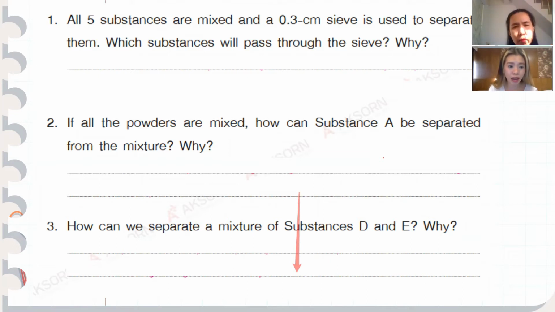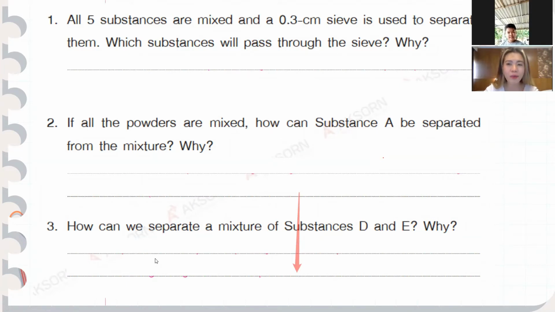You know what a sieve is, right? Now, which substances will pass through the sieve? Is it A, B, C, D, or E? Anyone? A, B, and C. Very good.